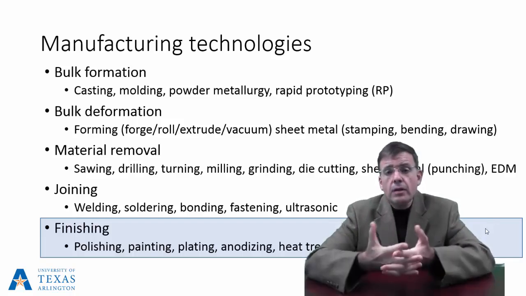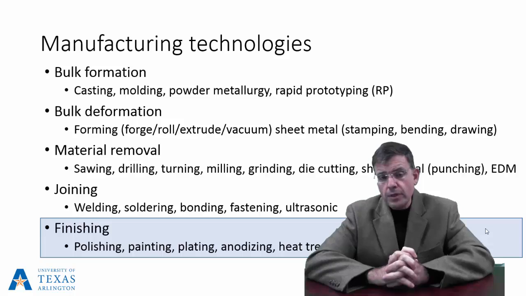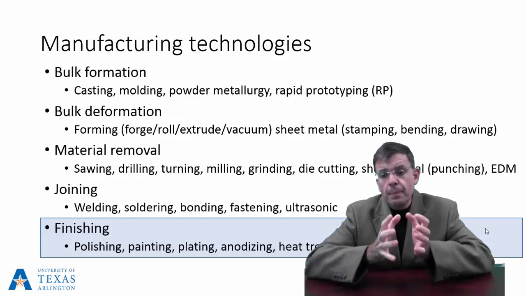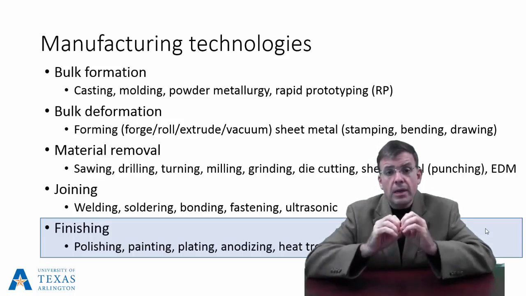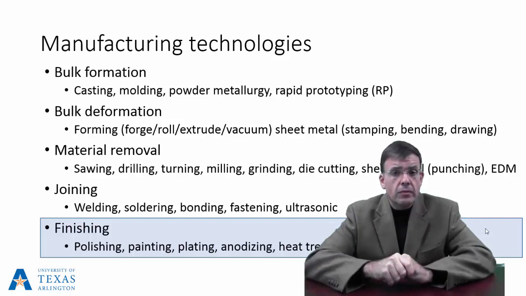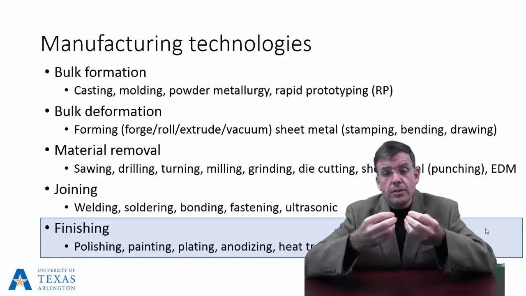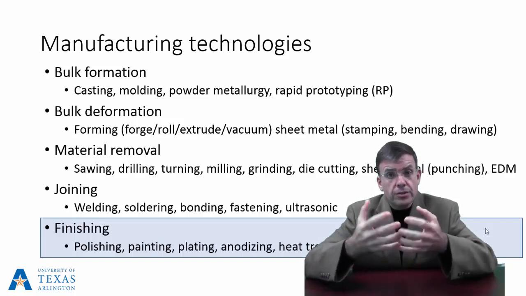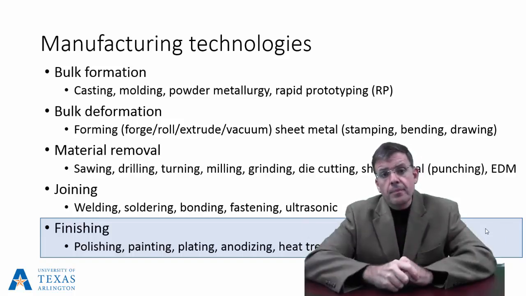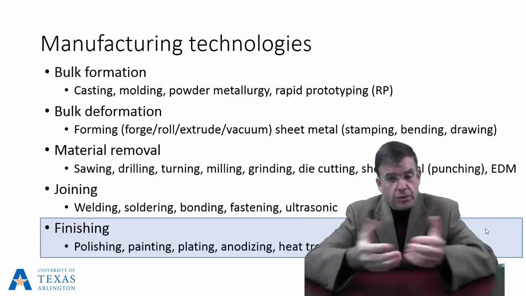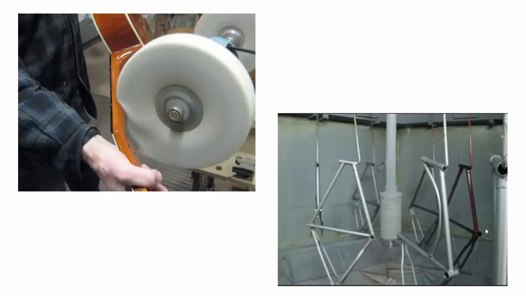Okay. And then finally we have heat treatment processes, and heat treatment is done to modify the metallurgical characteristics of the part in order to obtain a certain hardness or a certain crystalline structure of interest.